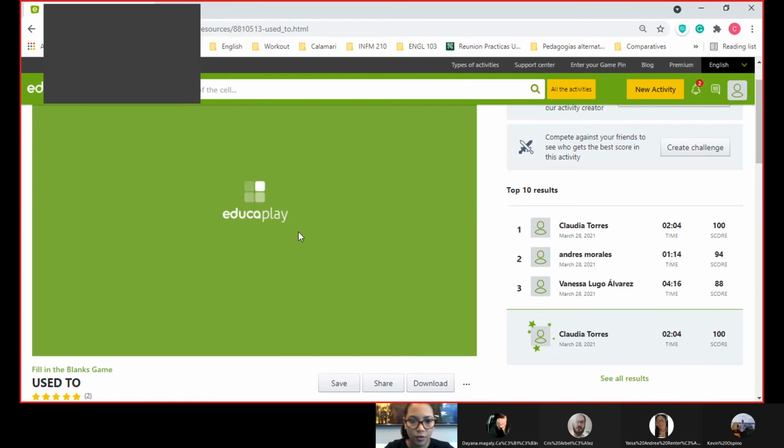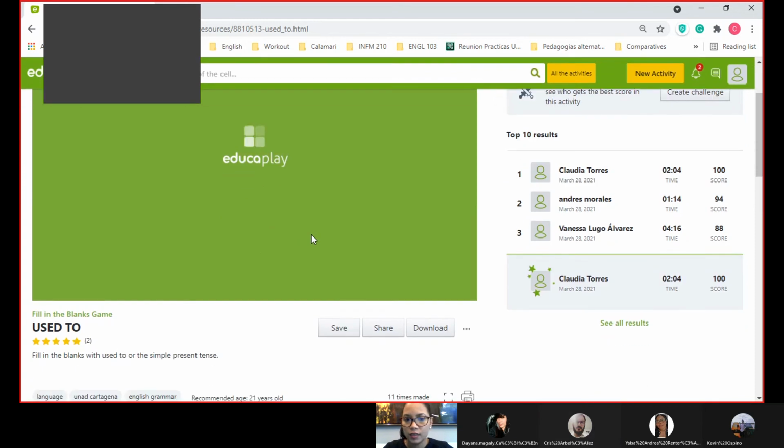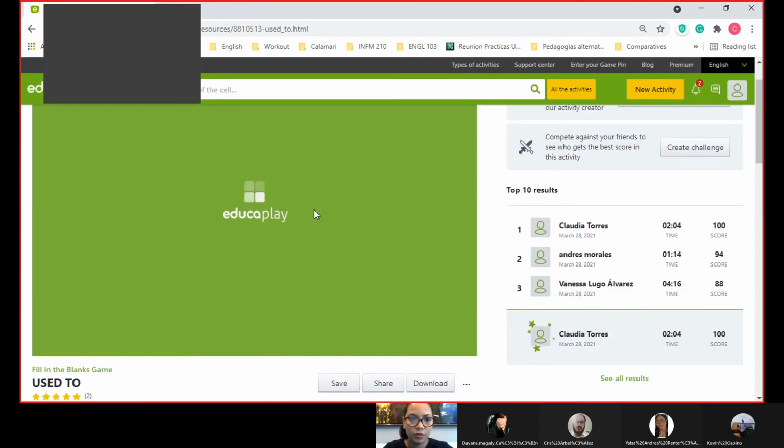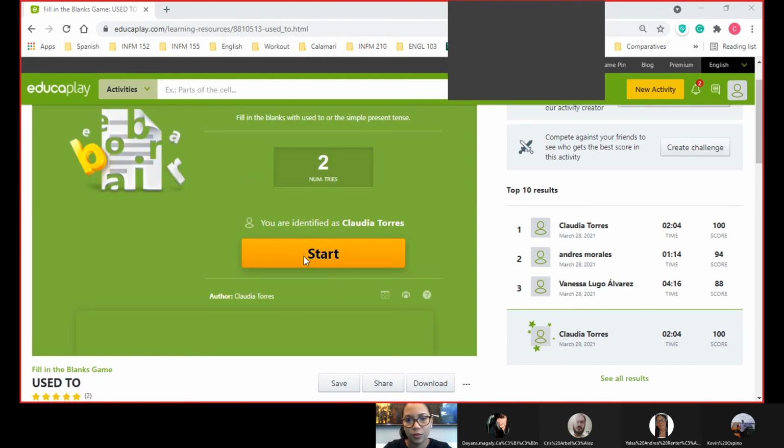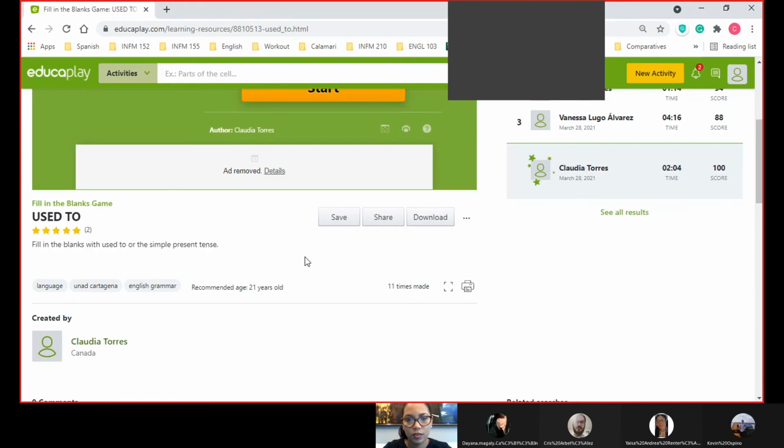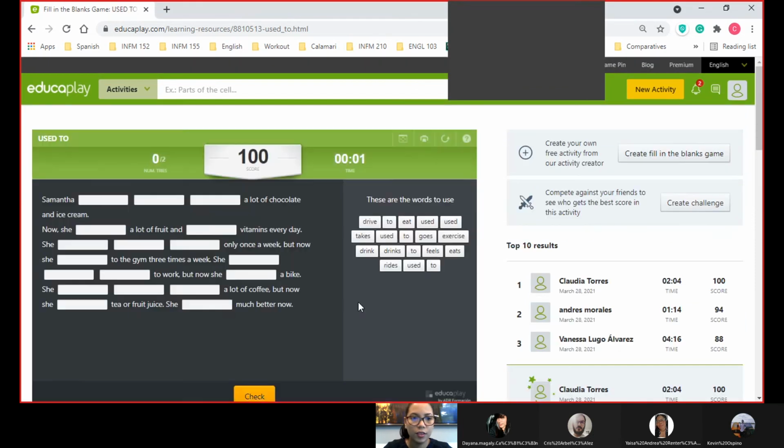Okay, so here you will find a button to start. So you click on the start button, right? And here you will find some words that you have to use to fill in the blanks.